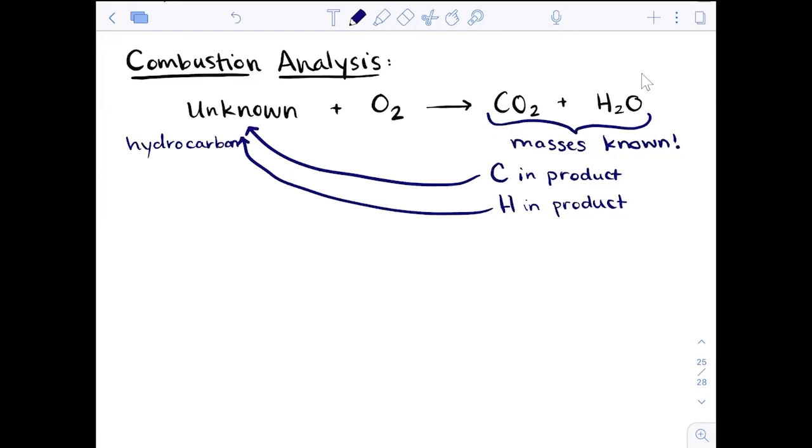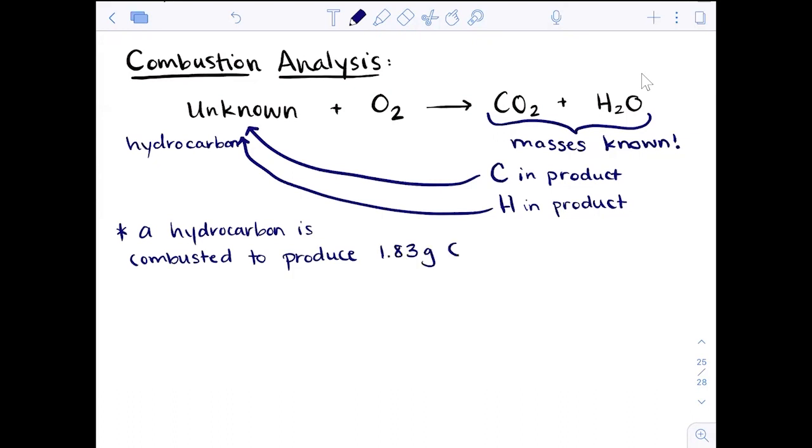So for instance, here would be the data question. A hydrocarbon is combusted in the lab to produce 1.83 grams CO2 and 0.901 grams H2O.